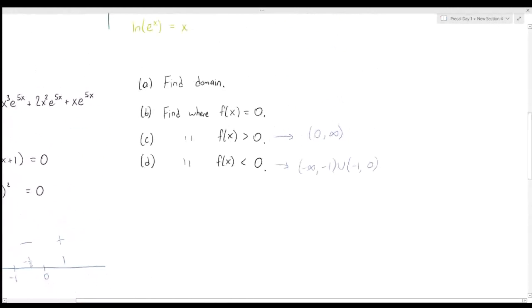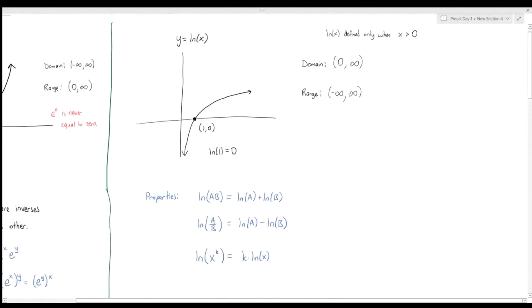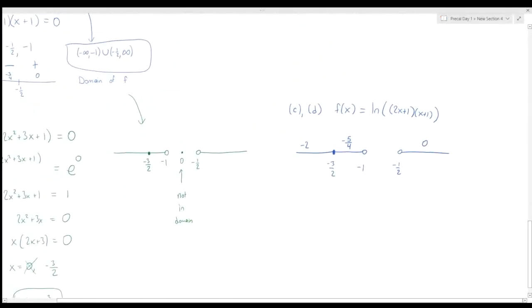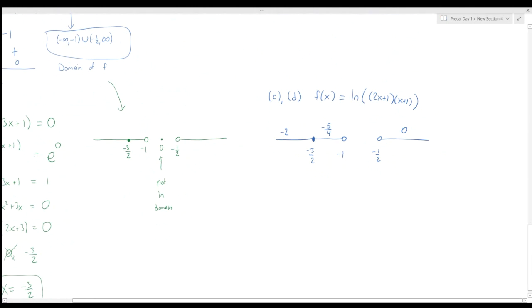So we know that natural log is 0 when it's evaluated at 1. It'll be positive when you evaluate at something larger than 1. And it'll be negative when you evaluate it at something that's smaller than 1, okay? So that can help us here in knowing if f is going to be positive or negative.